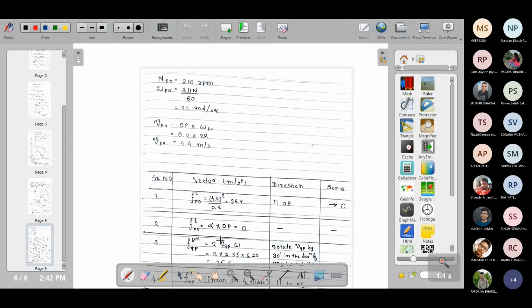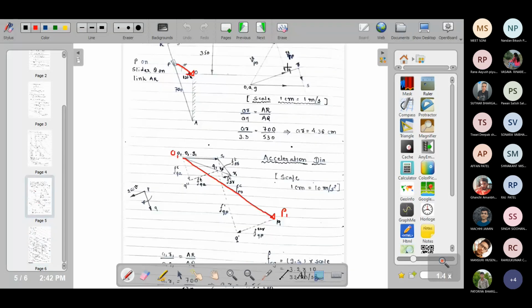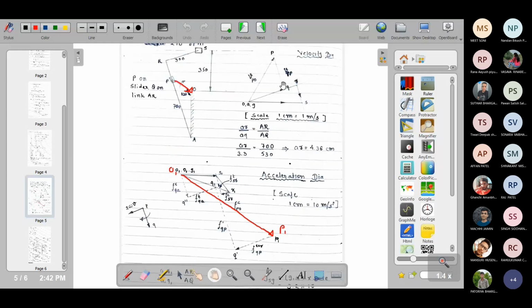It is 2 omega v. Here omega is the angular velocity, and v is this velocity vector.